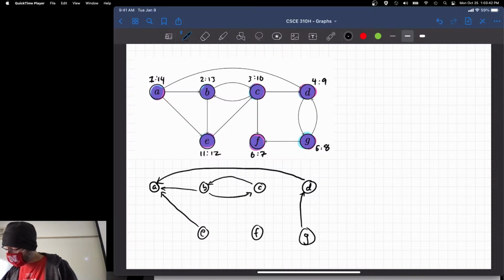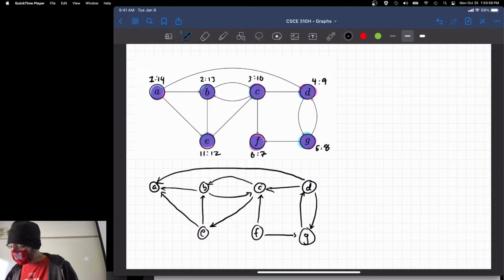I'll just reverse them graphically here. But otherwise they were connected to each other. F goes to G, back to C, D, there we go, up to B, and down to C. There we go. Okay.